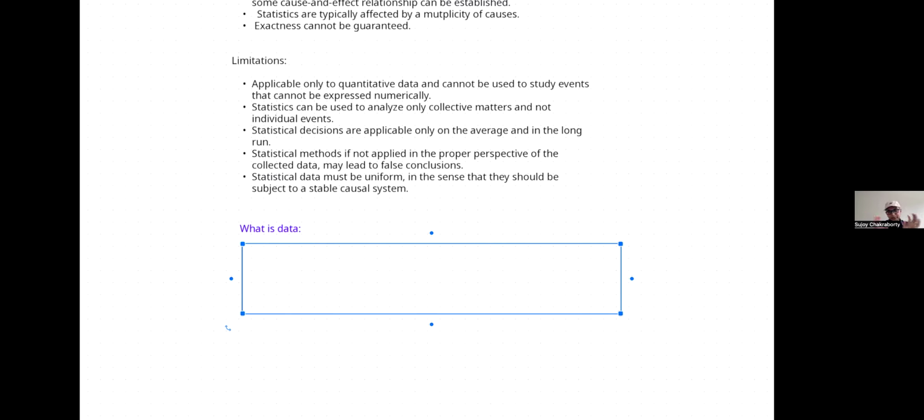And we assume that the characteristics of the sample are likely to somewhat represent the characteristics of the population, right? Okay.